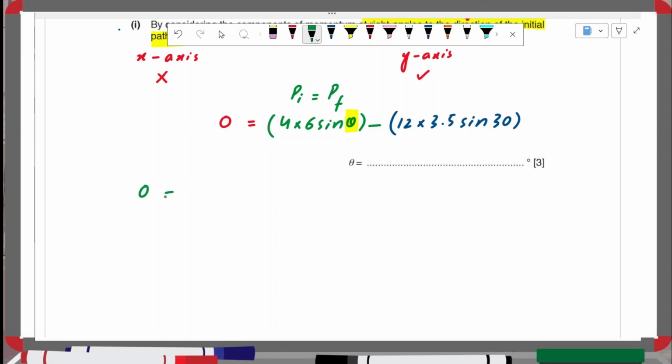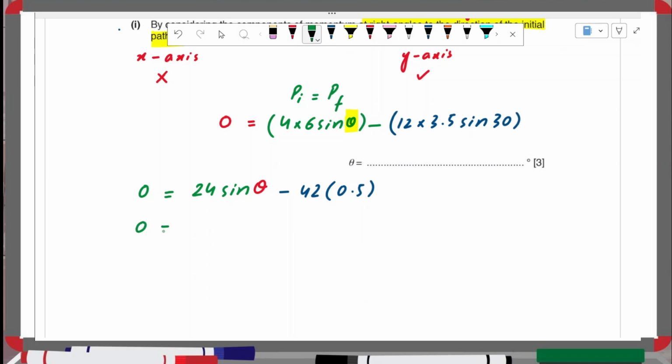0 here as it is. 6 fours are 24 sine theta as it is, minus 12 times 3.5 would be 42, and sine 30 is 0.5. You can do it on the calculator even.